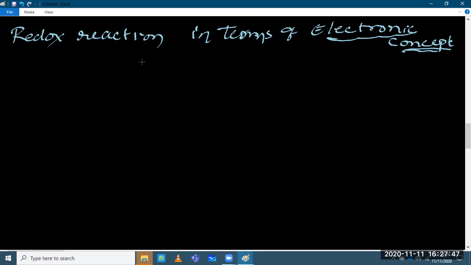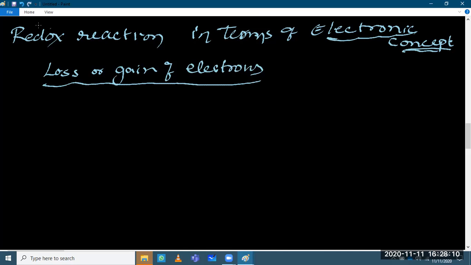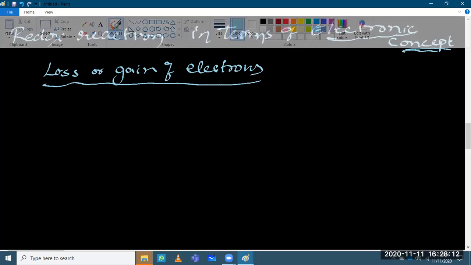According to the electron concept, they are described in terms of loss or gain of electrons. Based on the electron theory, how can we define reduction and oxidation?